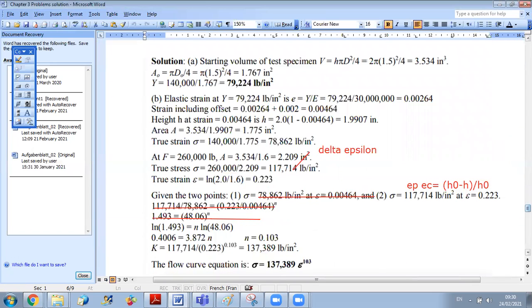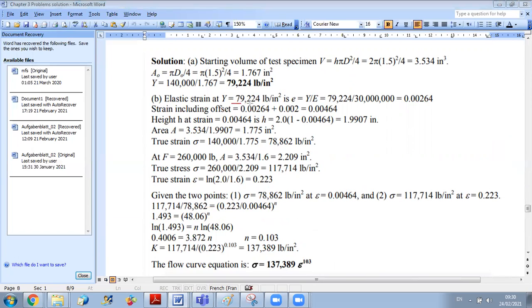Now, if you compare values, as I told you, at yield they will be very close. The value of sigma engineering at yield was nearly 79,224, while the true value is 78,000. It's very close; the difference is maybe less than 1%.